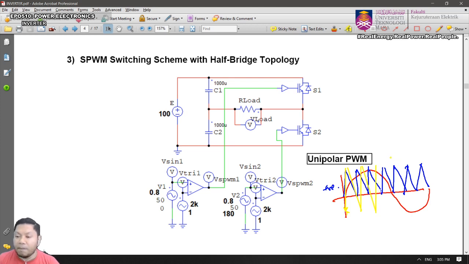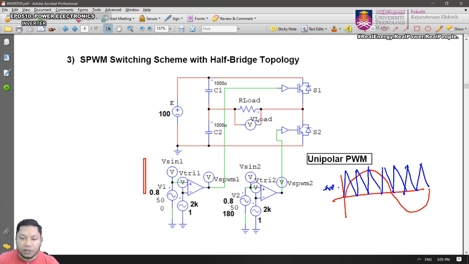That is for bipolar PWM. For unipolar PWM, you only have this positive-valued triangular carrier signal. And then there are two comparators to produce the unipolar PWM. You're going to have two comparators.